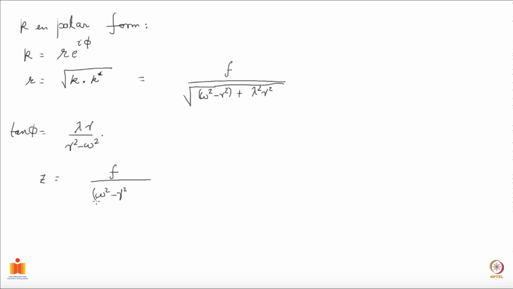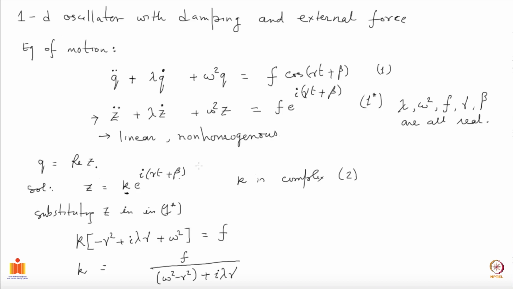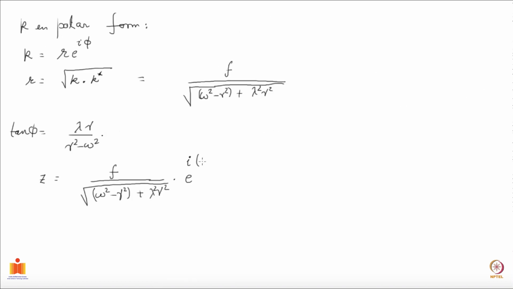Gamma square plus lambda square gamma square. Okay, then you have e to the i, let's look back, gamma t plus beta, and then as I said, you will have phi also. I have been calling it phi.